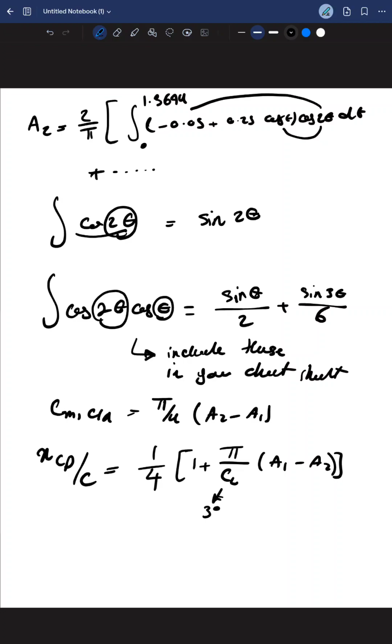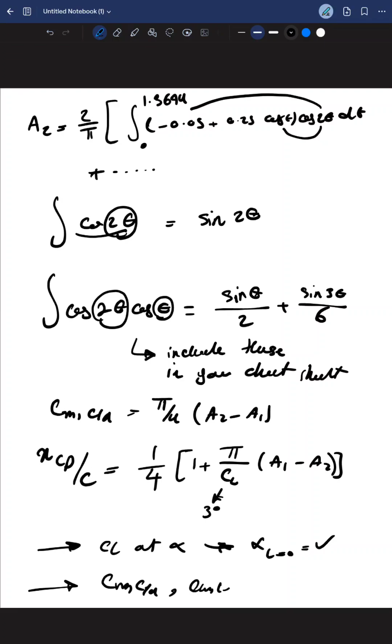So this is a long problem to solve. So in an exam, you will just be given one part of it. You will either be asked to find the lift coefficient at a specific angle of attack, which means you have to find the zero lift angle of attack as well, or you will be asked to find the moment coefficient at the quarter chord or the moment coefficient at the leading edge, or CP, X of center of pressure, the location of the center of pressure.